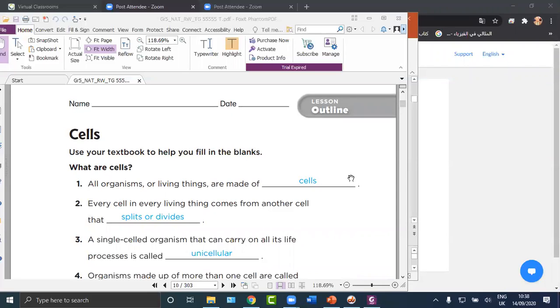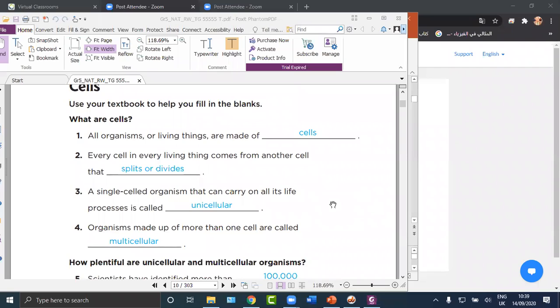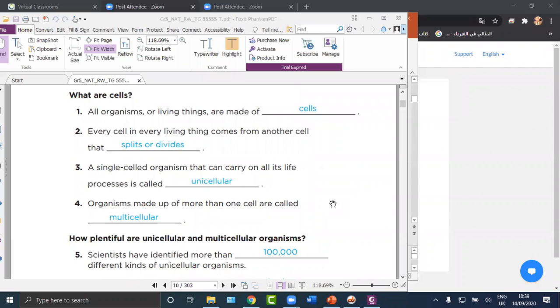What are the answers? 2 billion, 100,000, 1.5 million. Scientists have identified more than 100,000 different kinds of unicellular organisms.